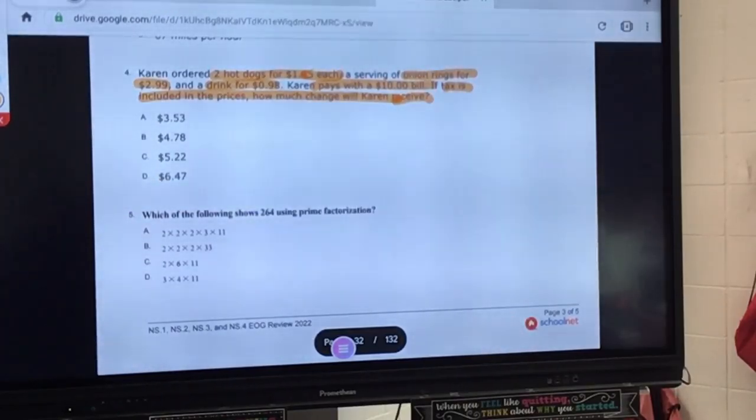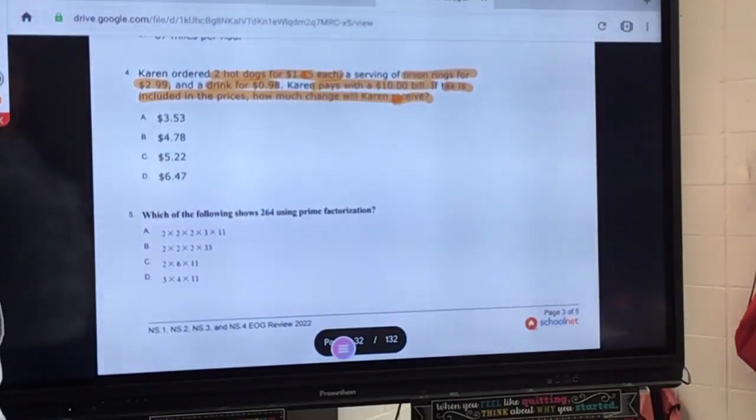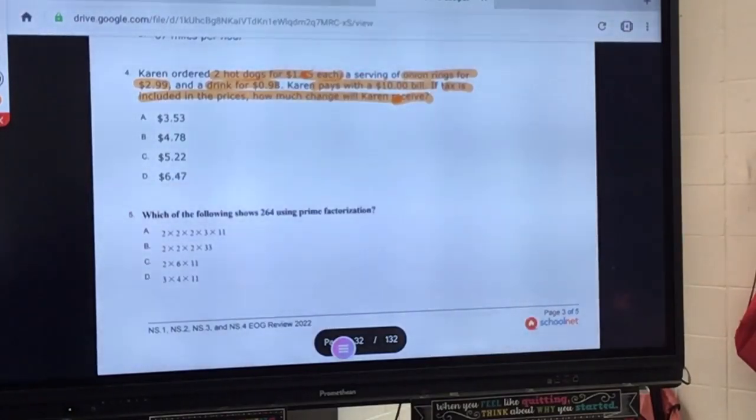Okay, so what do we have to do first? And let me ask this, how many steps is this problem? What do you think, Aiden? Possibly 4.